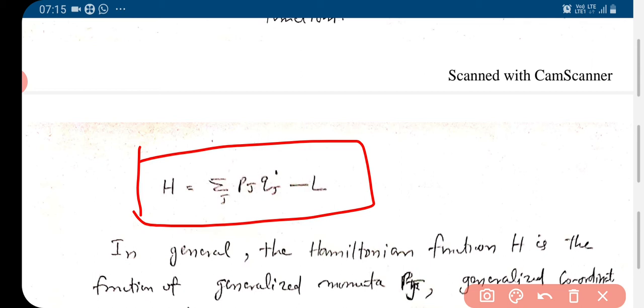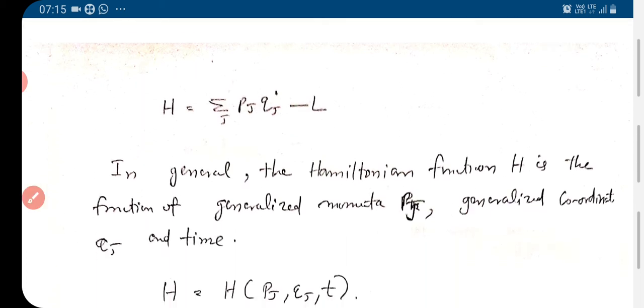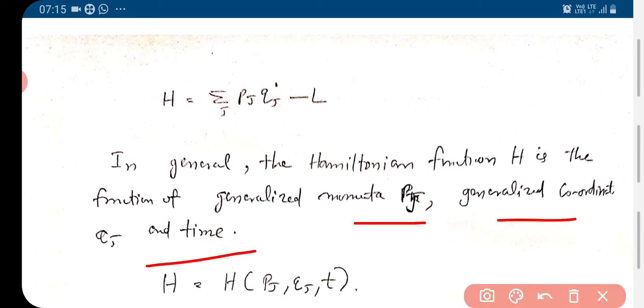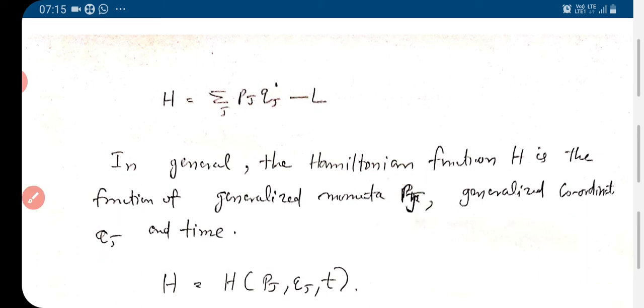So in general, the Hamiltonian function is a function of generalized momenta, generalized coordinates, and time. We consider it as a function of generalized momenta, generalized coordinates, and time.